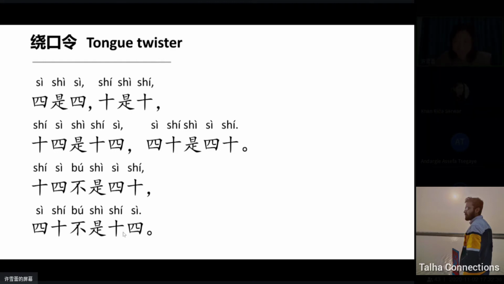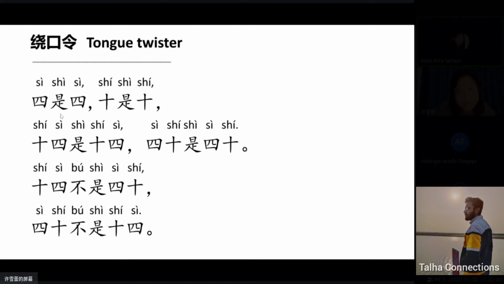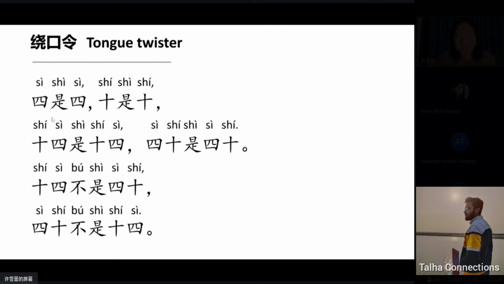So that's a tongue twister for you to practice. 4, 10, and 是. The syllables are very similar. Very good. Now, listen to me.